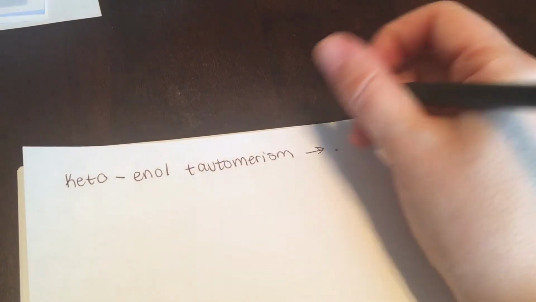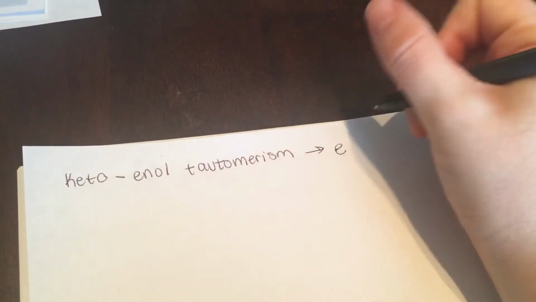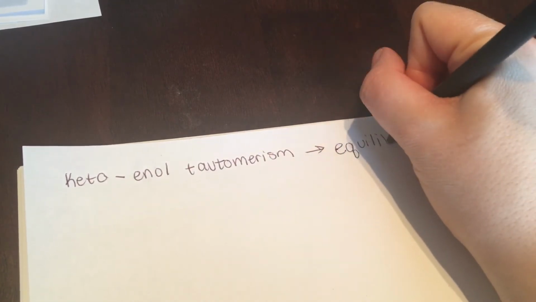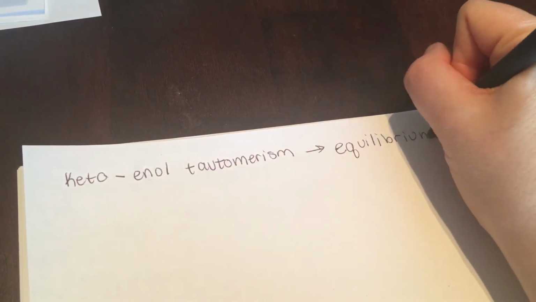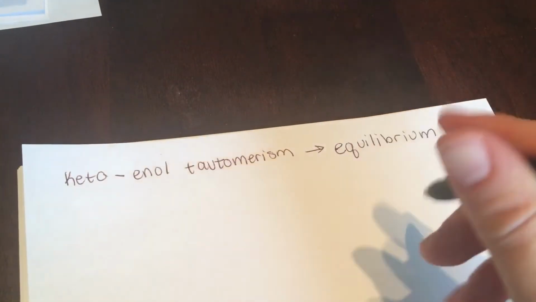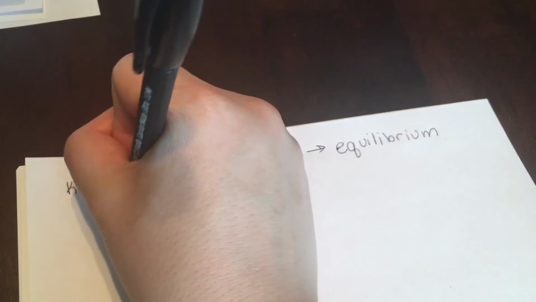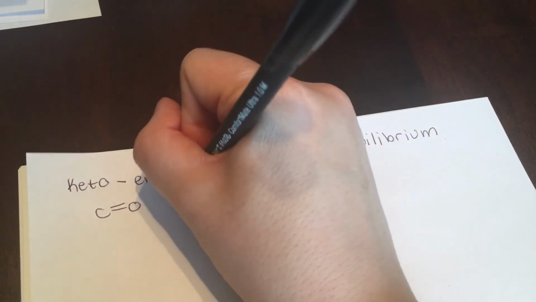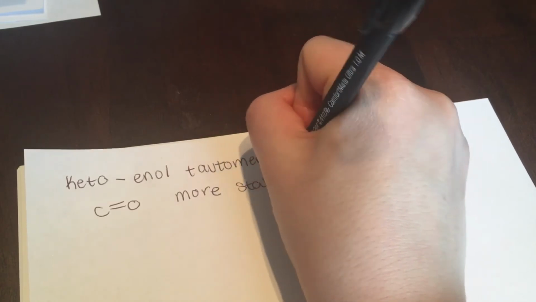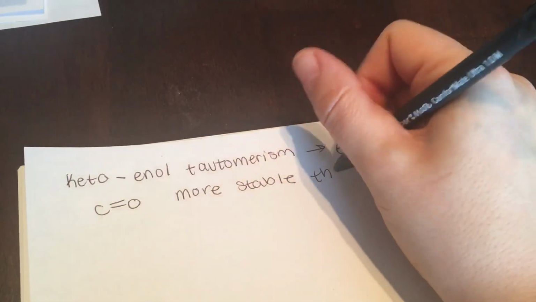This is an equilibrium reaction, or just an equilibrium, we'll say. And the reason this happens is because a carbonyl is more stable than a carbon-carbon double bond.